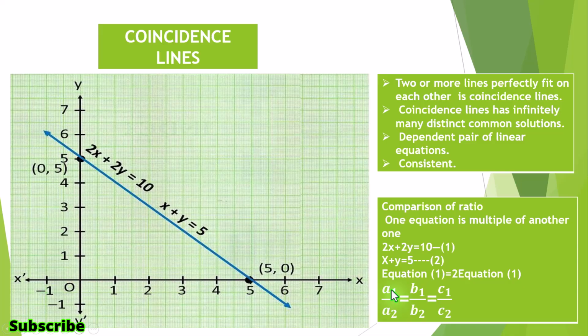Here the condition is A1 by A2 equal to B1 by B2 equal to C1 by C2. See, 2 by 1 is equal to 2 by 1, which is equal to 10 by 5, which is also equal to 2. So A1 by A2 equals B1 by B2 equals C1 by C2.